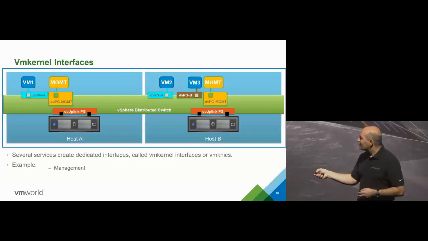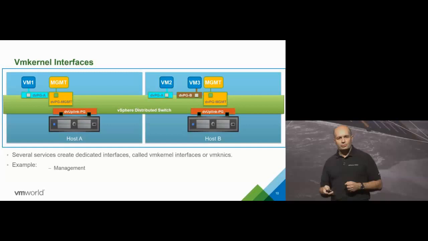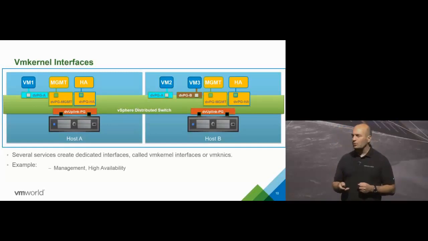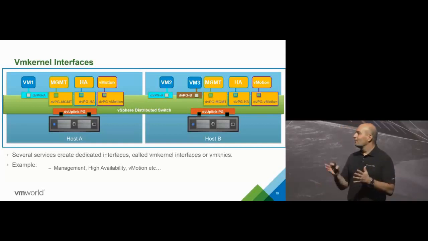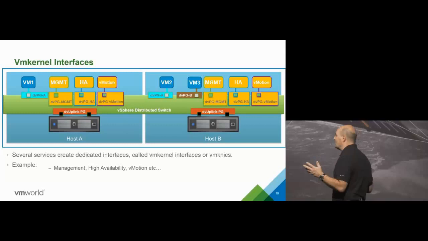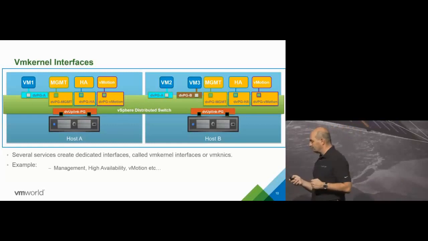For example, this is a management module. It would have an interface that connects to a DV port in its dedicated DV port group here. So we have several of those services that leverage different vmknics that are themselves attached to different DV ports, which can then be grouped in DV port groups. They can be several DV port groups or one DV port group. This is something you configure.